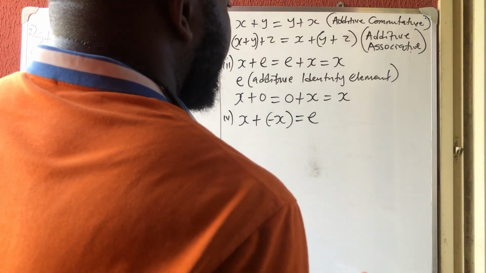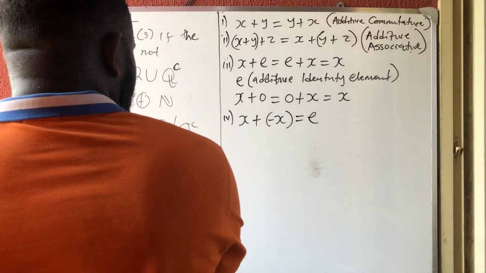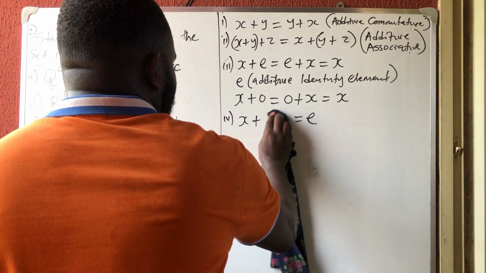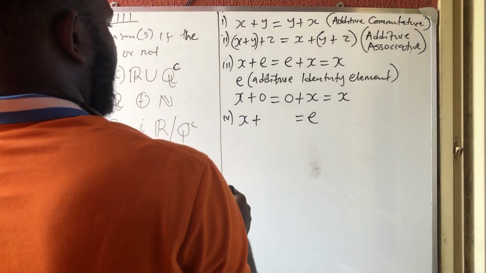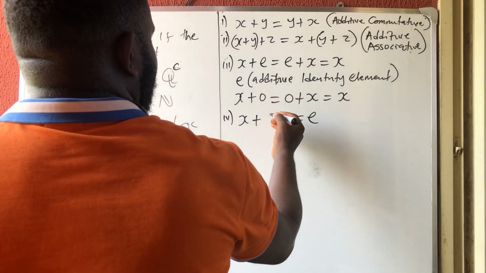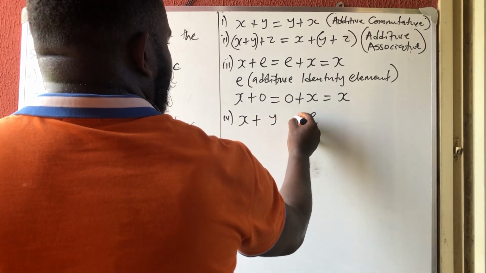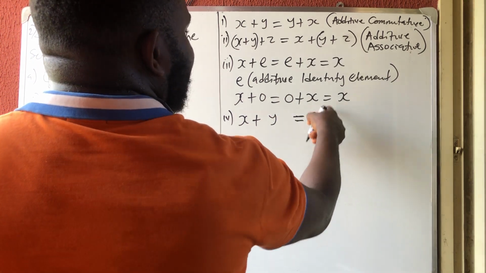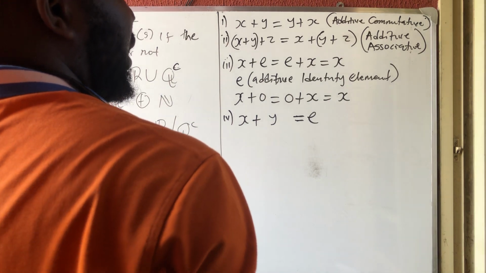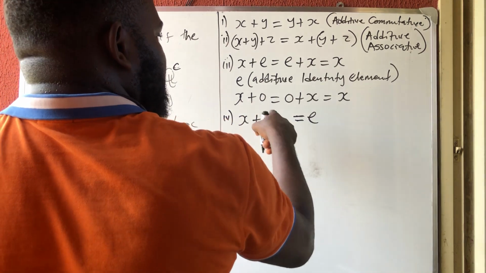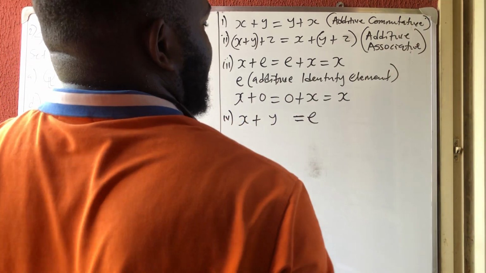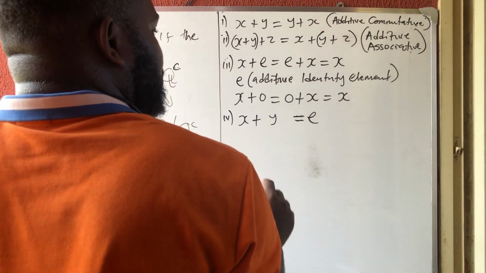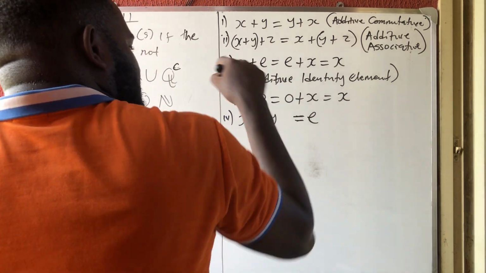Let me put it this way: x with any element, let me call that element y, if you add them and you get the identity element, then that element y is called the additive inverse, and the only additive inverse we know is minus itself.